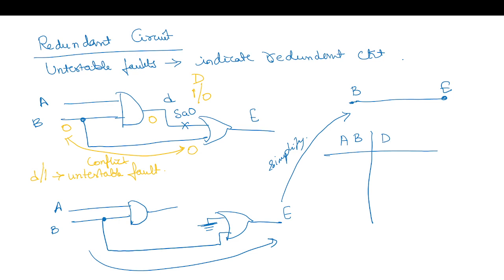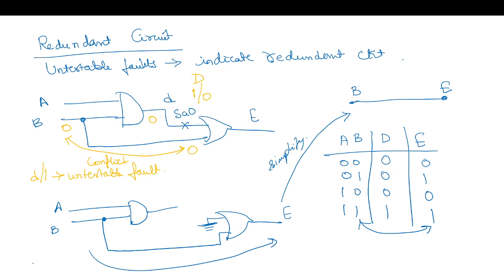What will be D? D will be 0, 0, 0, 1. And what will be E? E is an OR operation between D and B: 0, 1, 0, 1. So you can say both D and E are the same.